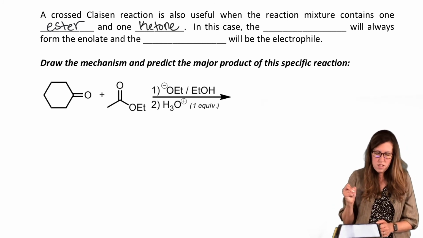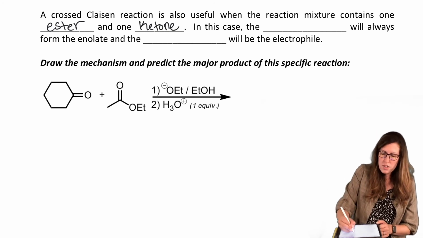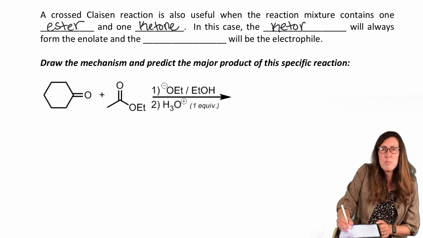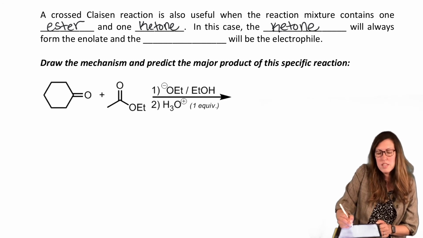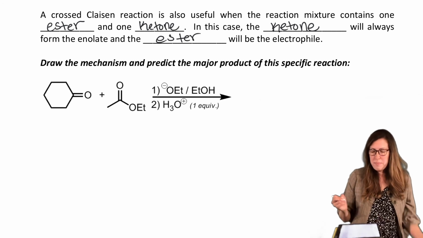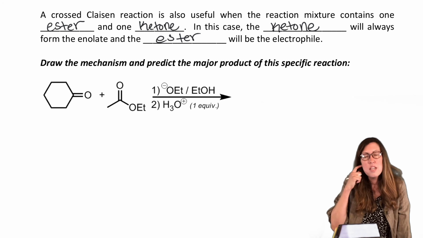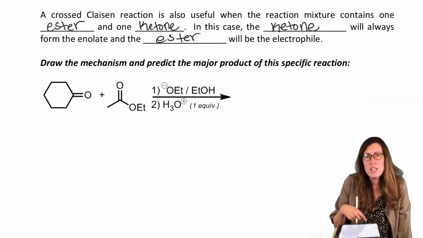Why? Who is more acidic? It's the same idea as before. The ketone will preferentially be the enolate. It's more acidic than an ester, right? Remember that? That's because the ester has that electron donating group that makes the anion of the conjugate base less stable for an ester.